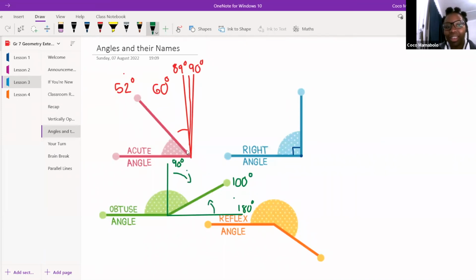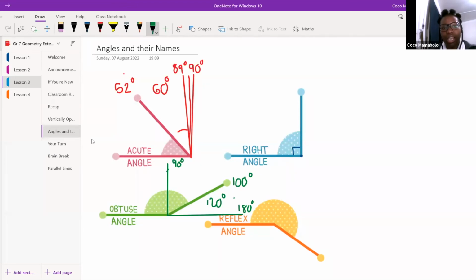Can you think of another one? 70 degrees? Oh, 70 is on this side because it's smaller than 90. It needs to be bigger than 90 degrees. Oh, 120. Good, 120 degrees. Excellent, very well done, Lina. So an obtuse angle needs to be less than 180 and greater than 90 degrees.